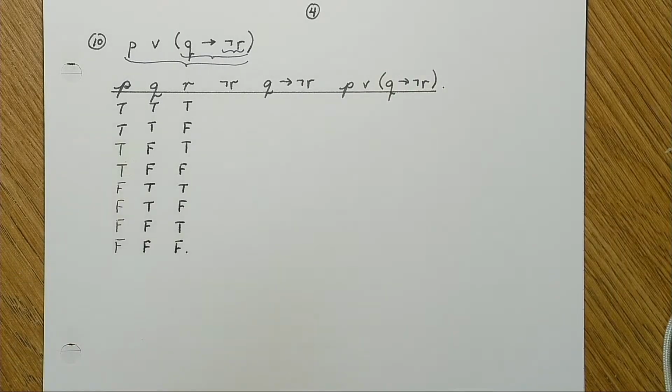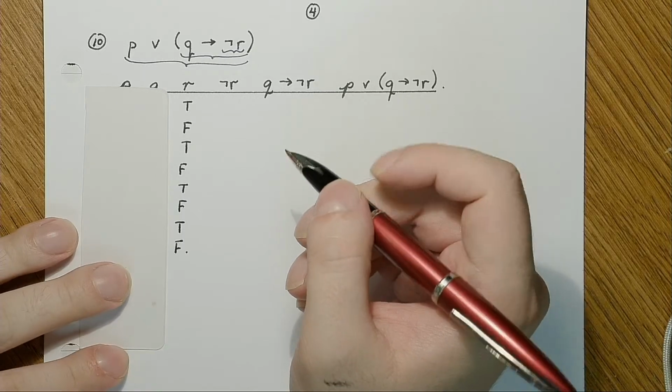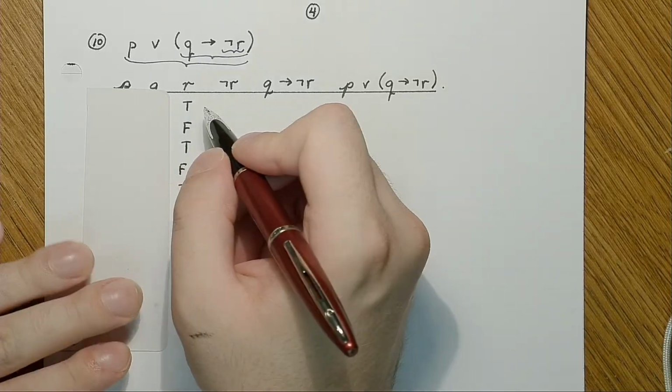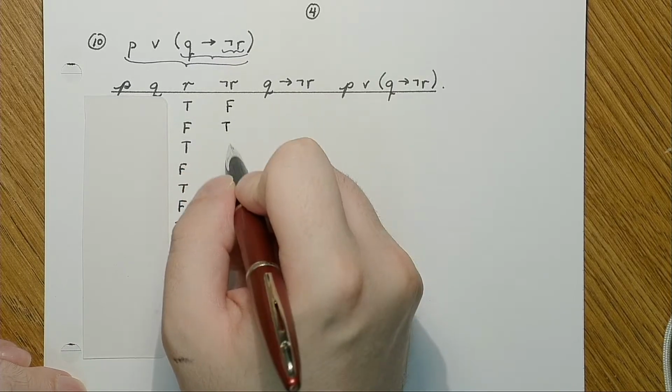And I can just flip this. So just flipping that, I go from T to F, and so it's just alternating.